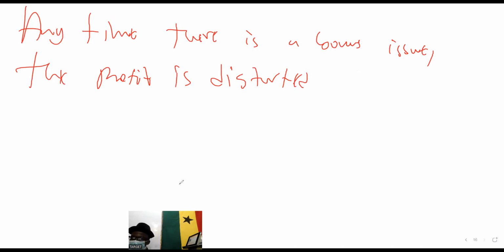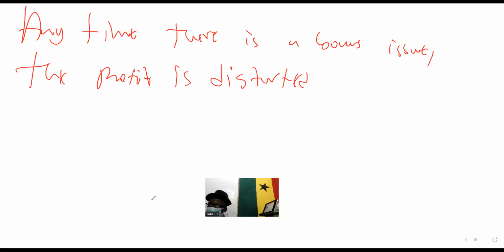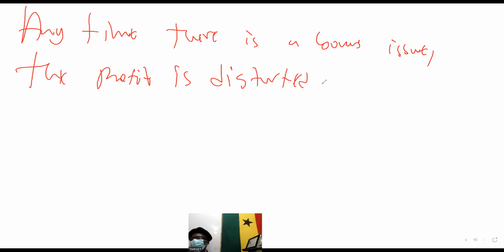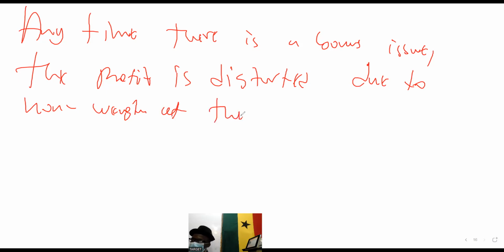We don't use that to determine performance. We don't use the earnings per share again, unless we adjust due to non-weighting of the bonus issue.